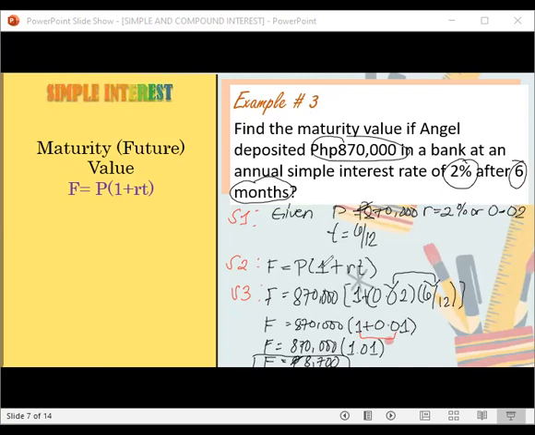So, 870,000 plus 8,700 is, for the final answer, dito ko na isulat. Ayan, for the final answer, 878,700 pesos.